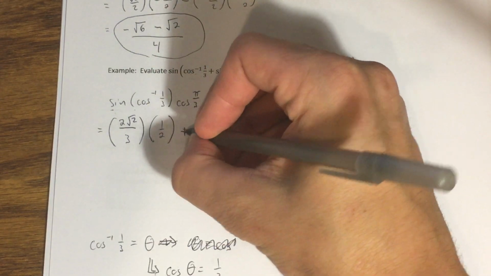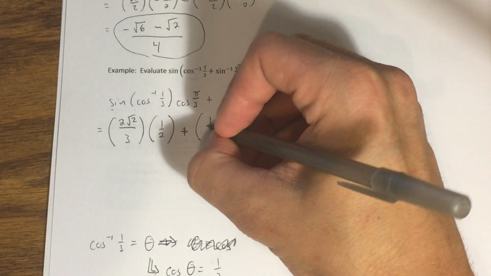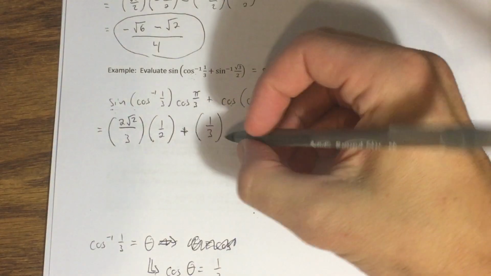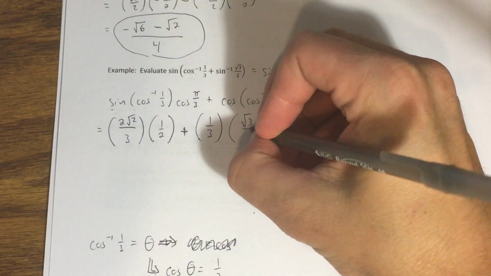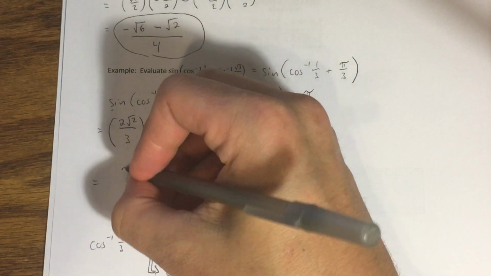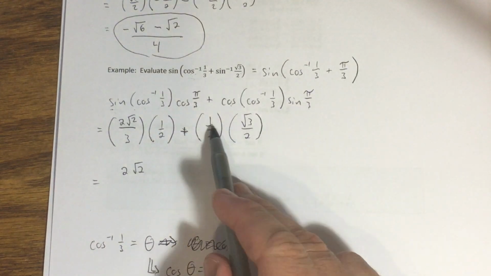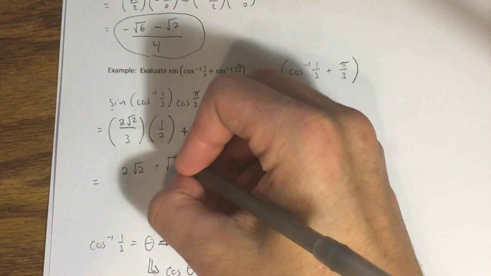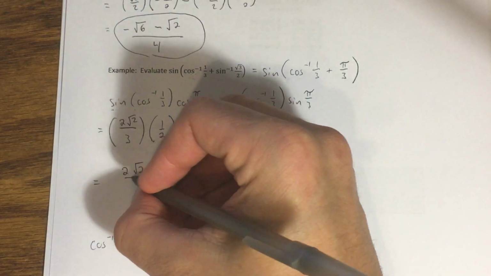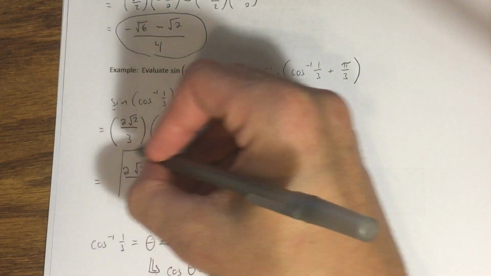This should be a plus. And that leaves me with just the 1/3. Sine of pi over 3 is equal to root 3 over 2. Okay, the product of my numerators here is just 2 root 2. Product of my numerators here is root 3, and both denominators multiply to 6, so that common denominator allows me to add them into one fraction.